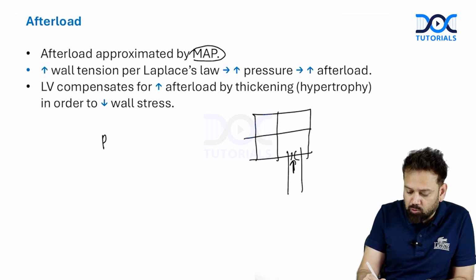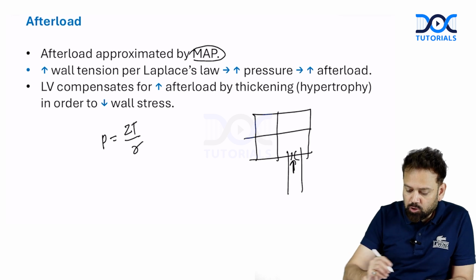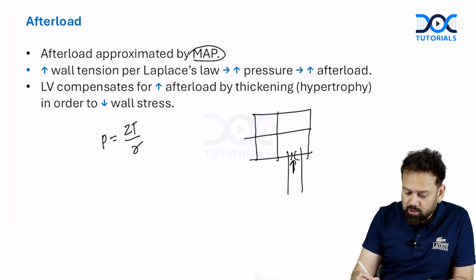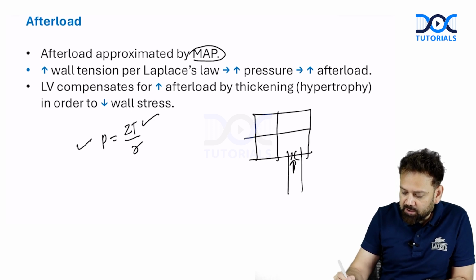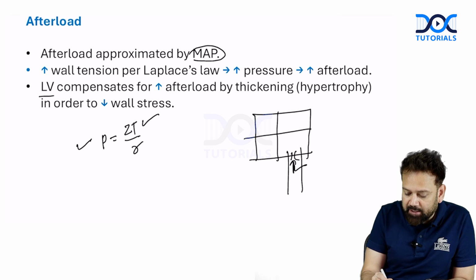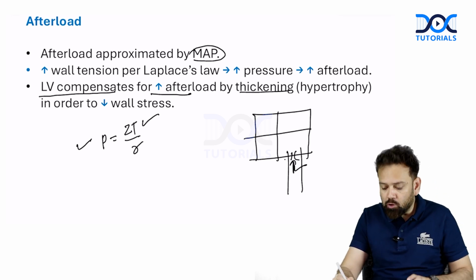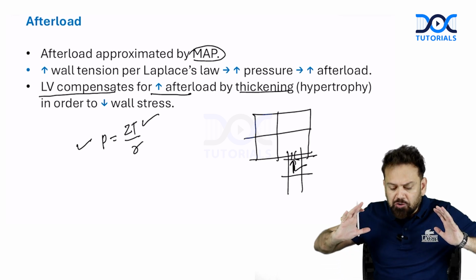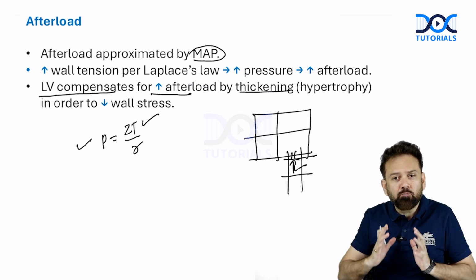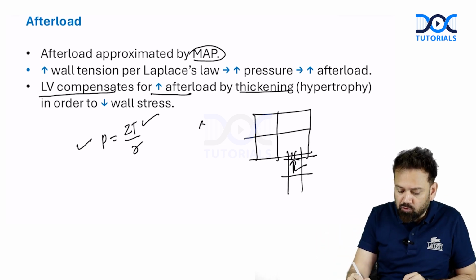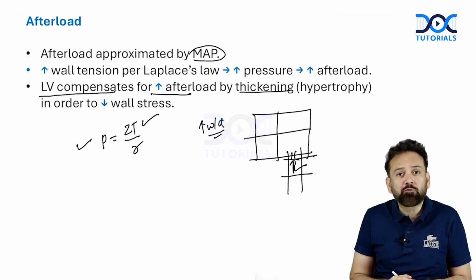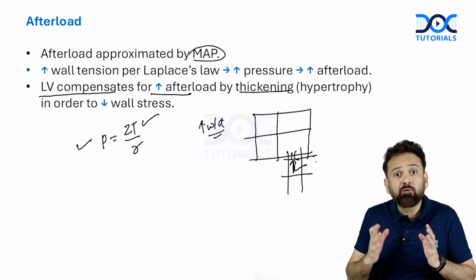Laplace law is P equals 2T by R. Okay, P equals 2T by R. So the more the wall tension, per Laplace law, increased pressure will increase afterload. And the left ventricle compensates for increased afterload by thickening. So if there is more afterload, the ventricle will have to do more work, so it has to contract more and more, and there will be wall thickening.